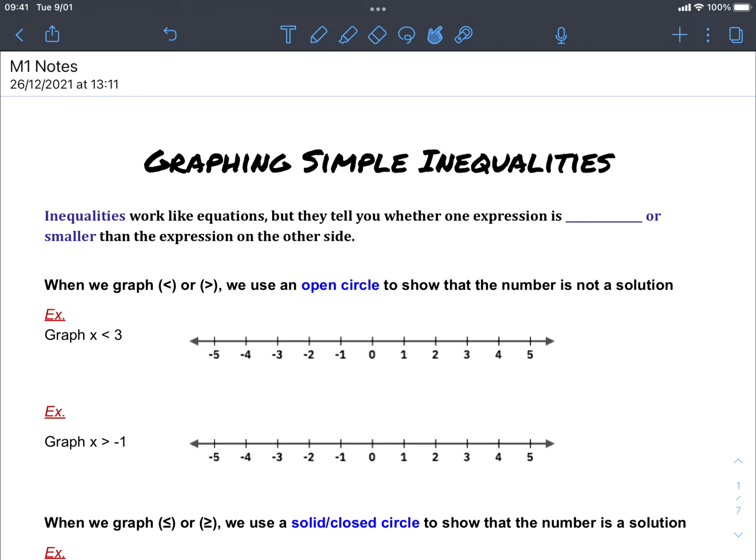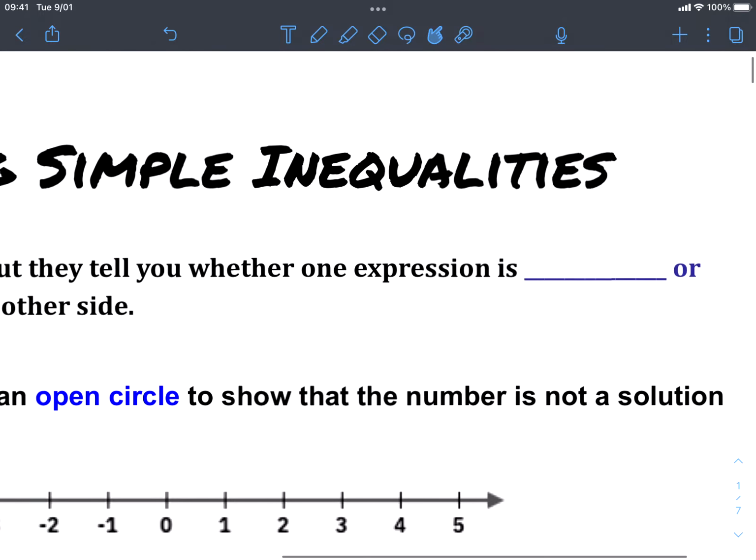Okay, so for concept 26, we're graphing simple inequalities. And inequalities work just like equations, but they tell you whether one expression is bigger or smaller than the expression on the other side.